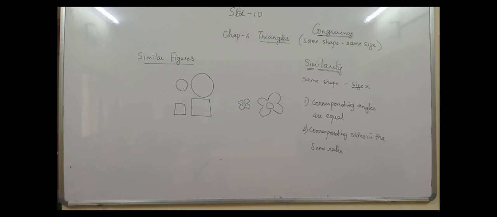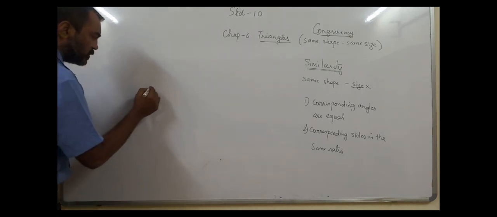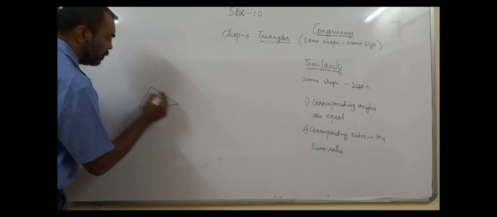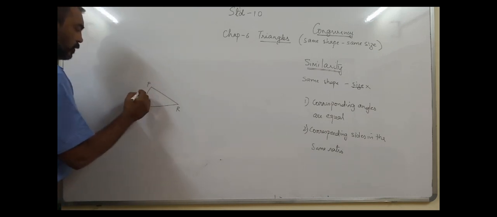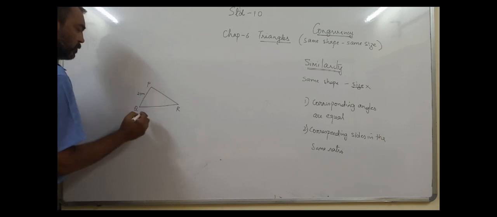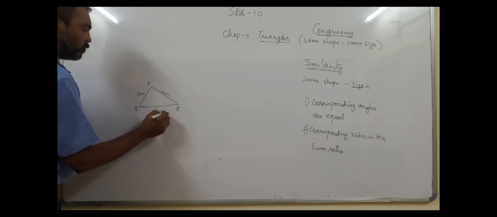I hope it is clear to you on the board and it is readable. Now let us move further. I will now draw on the board a triangle, say PQR. PQ is 2 centimeter, PR is 3 centimeter, and this is 4 centimeter.